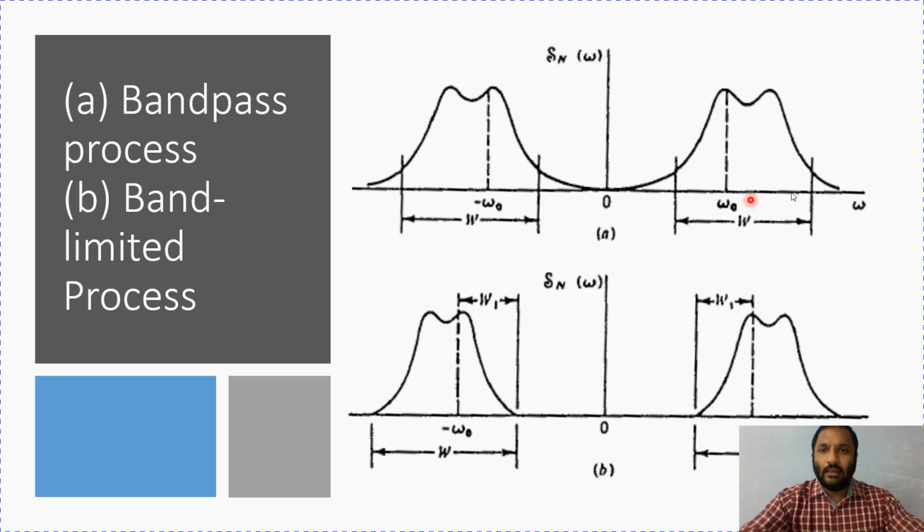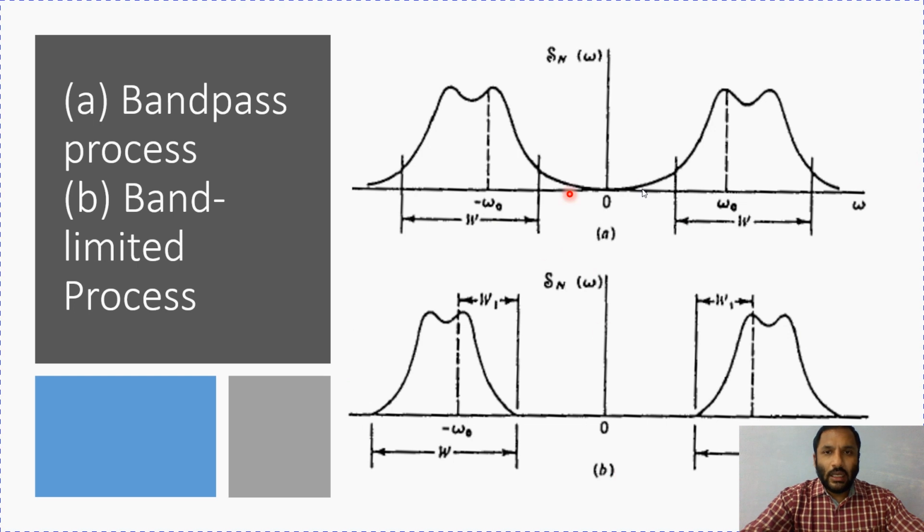Now shown here, A is a band limited signal, or it is a band pass process. It is the power spectrum of a band pass process, and below is the spectrum of a band limited process.